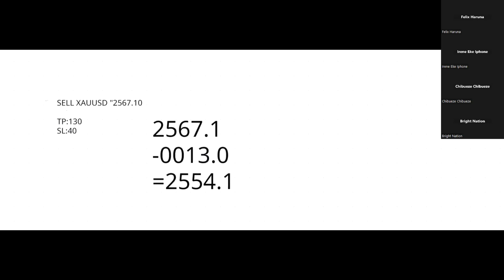So now let's see the stop loss. Stop loss is 40 pips, and we are adding to get the stop loss because we are selling. We have 2600.